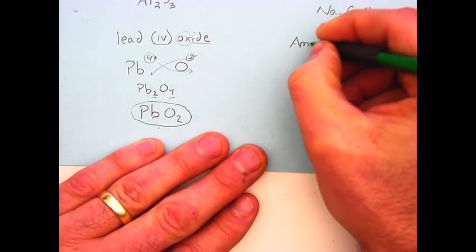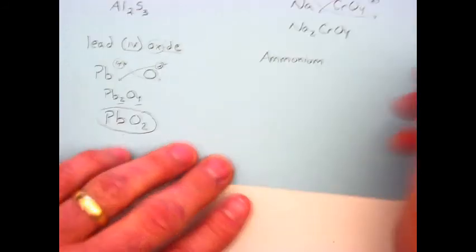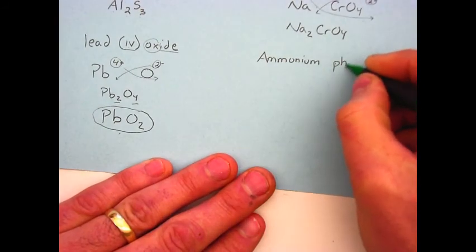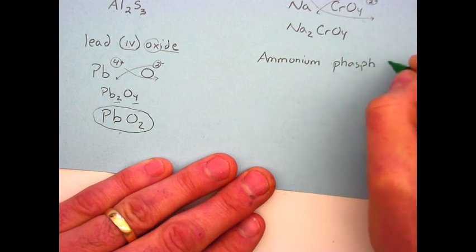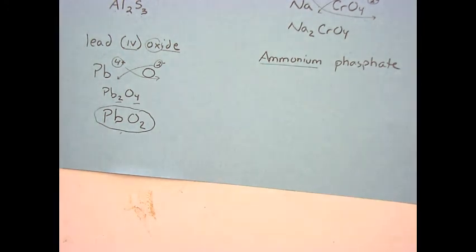Let's go with ammonium and phosphate. Now, ammonium is a special case. There's no element called ammonium.